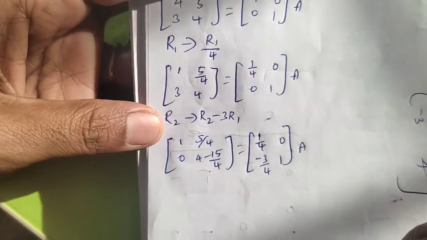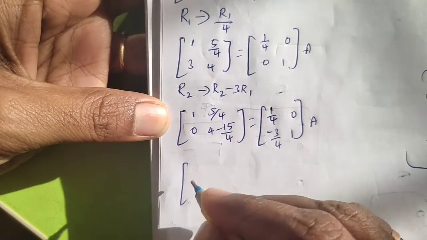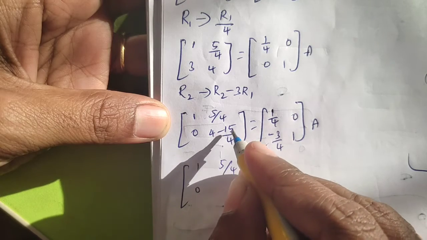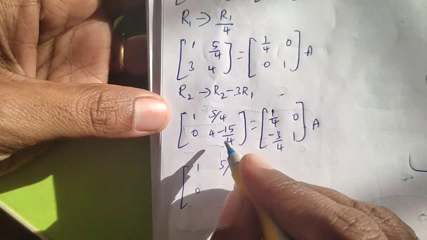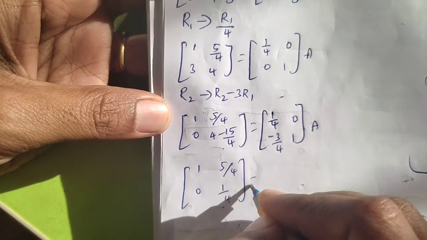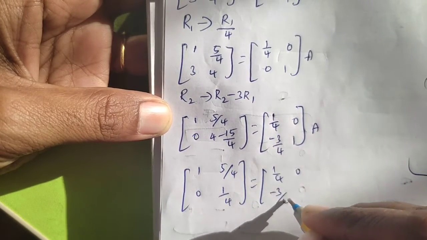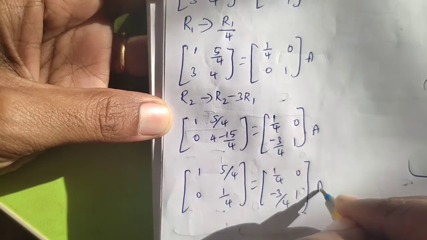The matrix is [1, 5 by 4; 0, 1 by 4] equal to [1 by 4, 0; minus 3 by 4, 1] into A.